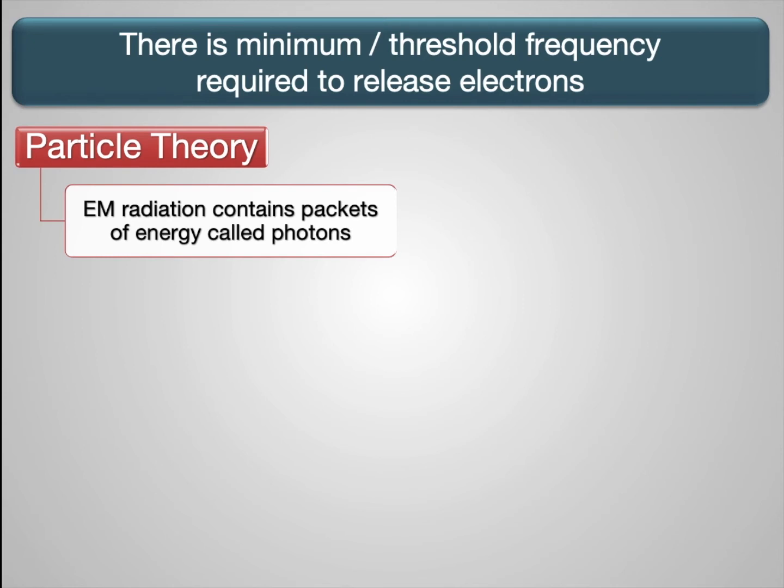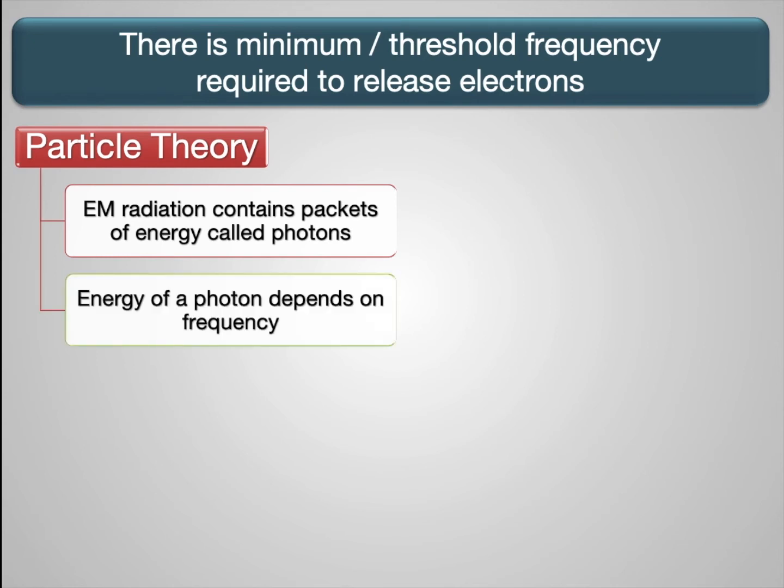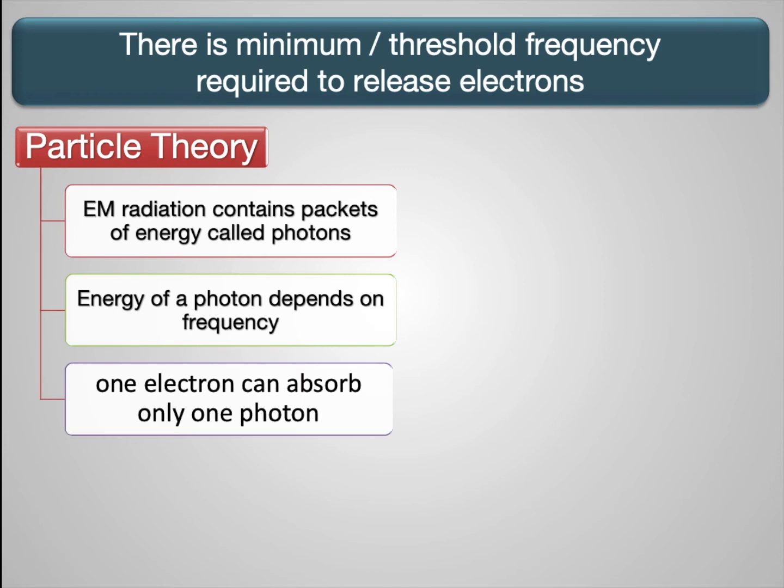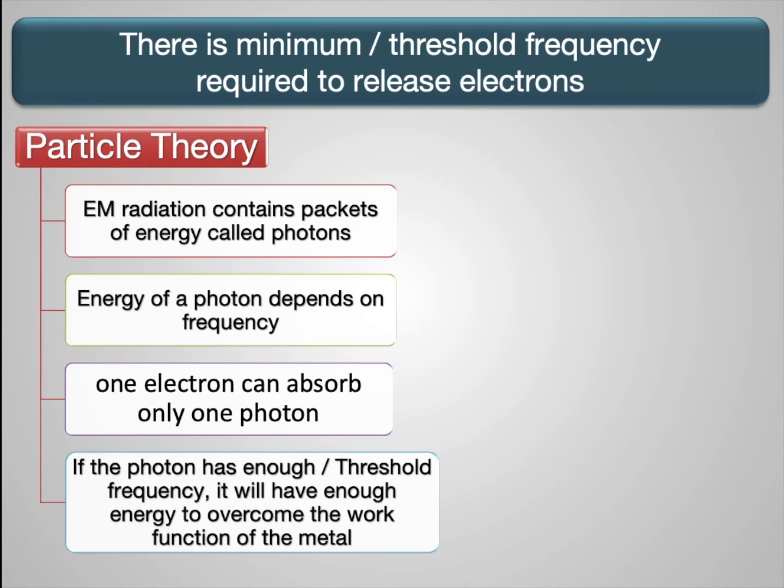Particle theory says light is made of packets of energy, and we know they are photons, and the energy of a photon depends only on the frequency, or it's inversely proportional to the wavelength. And the third rule, one electron can take only one photon. So each photon should have enough energy, which means each photon should have enough frequency so that it can overcome the work function.